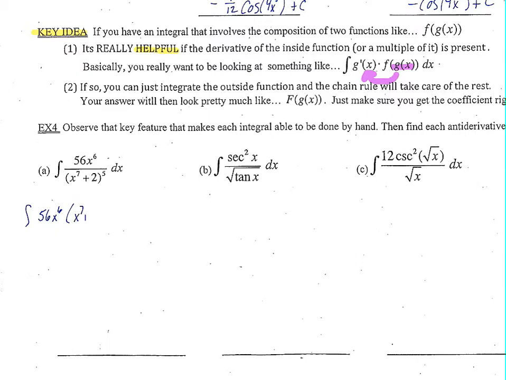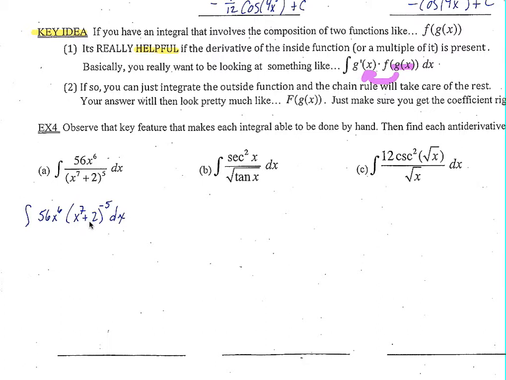x to the 7th plus 2 to the negative 5th dx. And here what we notice is that the 56x to the 6th is a form of the derivative of the inside function.